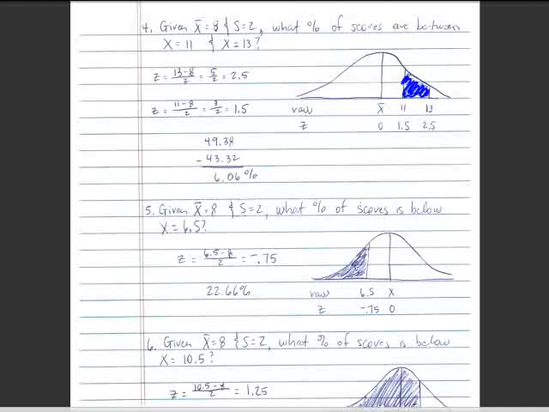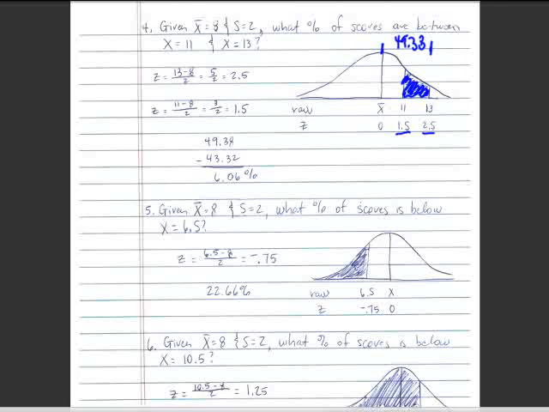So z for x equals 13 is 13 minus 8 divided by 2, so 5 divided by 2 gave me a z of 2.5. And then z for raw score 11: 11 minus 8 divided by 2 gave me a z of 1.5. So again, I go to my table and I find that between the mean and z of 2.5 is 49.38% of the scores.